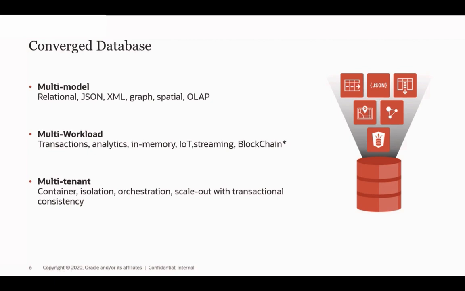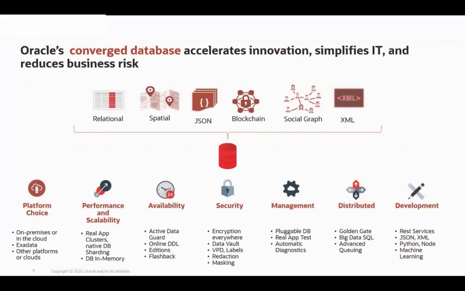Which is developer productivity, and for the CTOs it is data productivity. Let's try and understand how the Converged database accelerates innovation, simplifies IT, and also reduces huge business risk. You can run this on an on-premise platform or Oracle Cloud, or you could also do an altogether hybrid implementation.